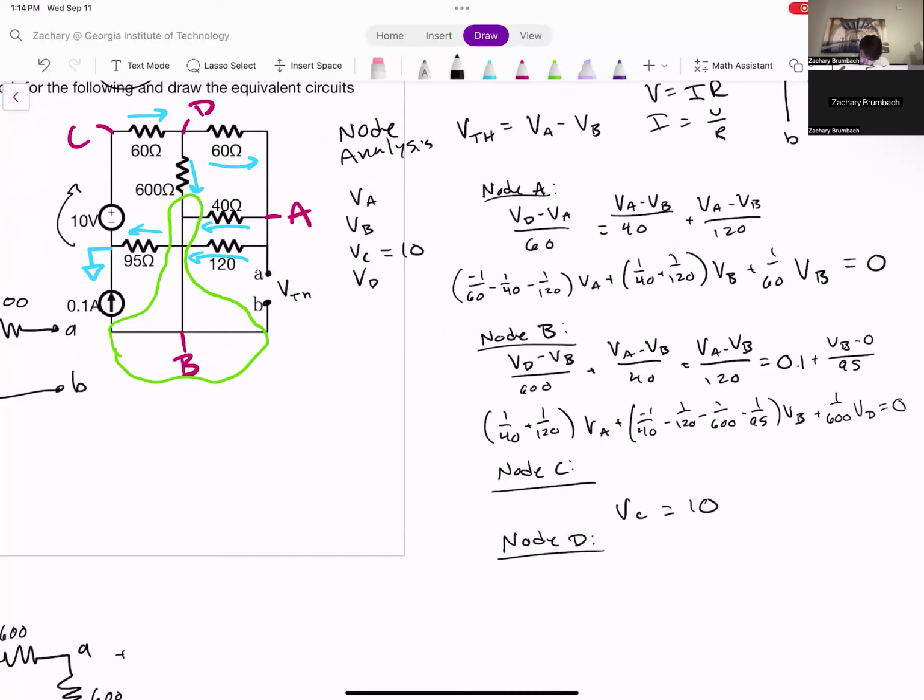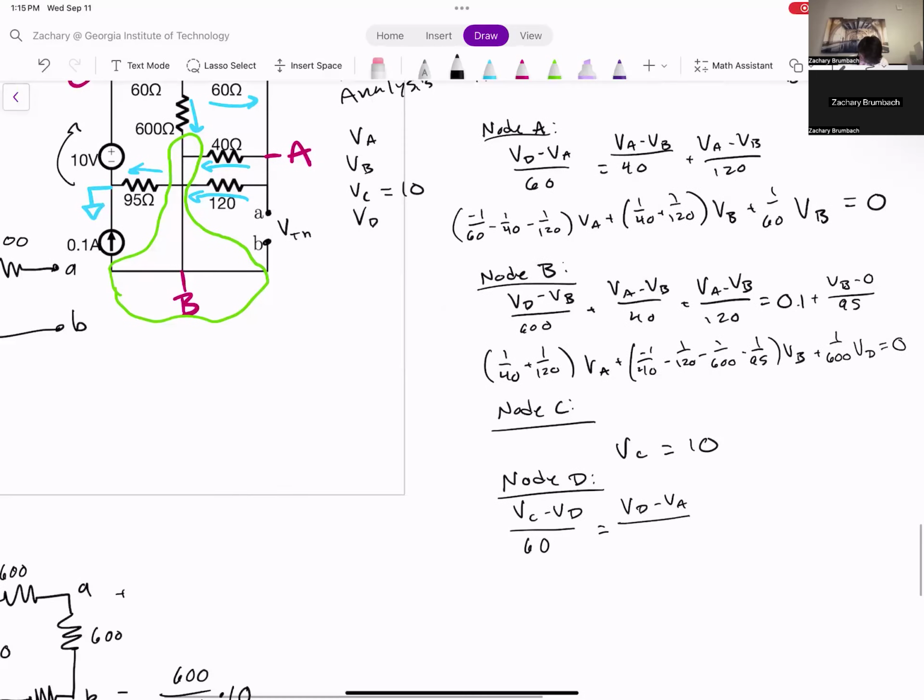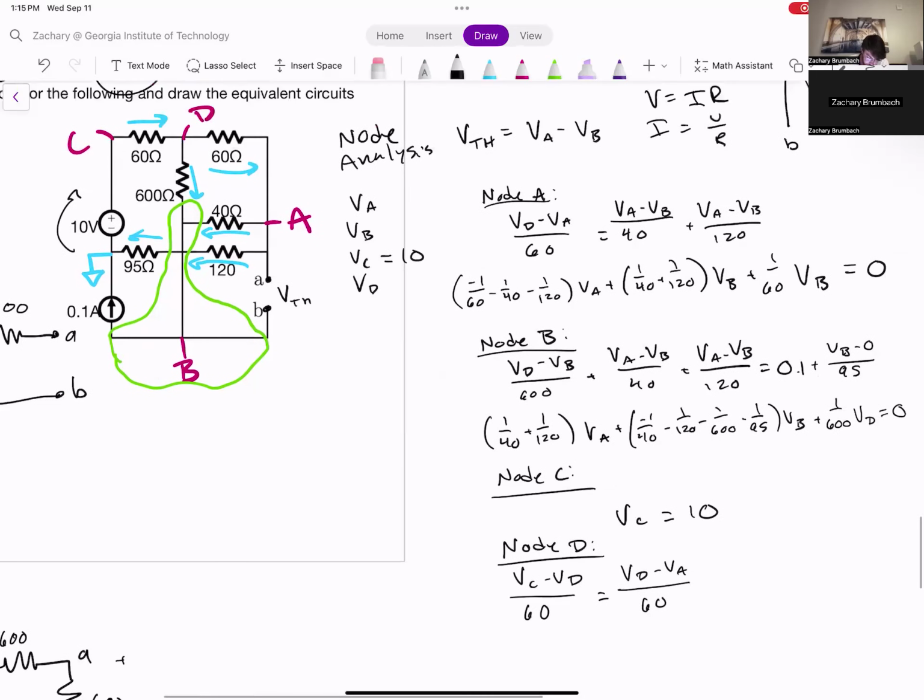Where we have VC minus VD over 60 going in, and then going out, we have VD minus VA over 60, plus VD minus VB over 600.